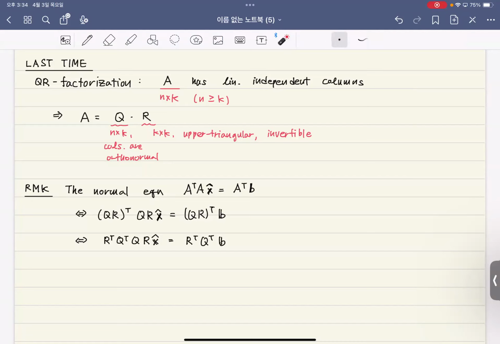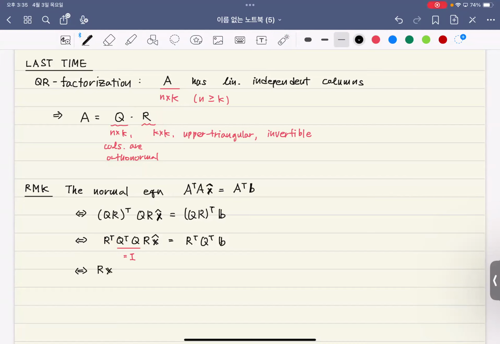Even though Q is usually not a square matrix, but a narrow matrix, if you multiply it by its own transpose, Q transpose Q cancels and becomes the k by k identity matrix, so I can simply ignore it. Also, the matrix R is upper triangular and invertible, so you're safe to just take its inverse.